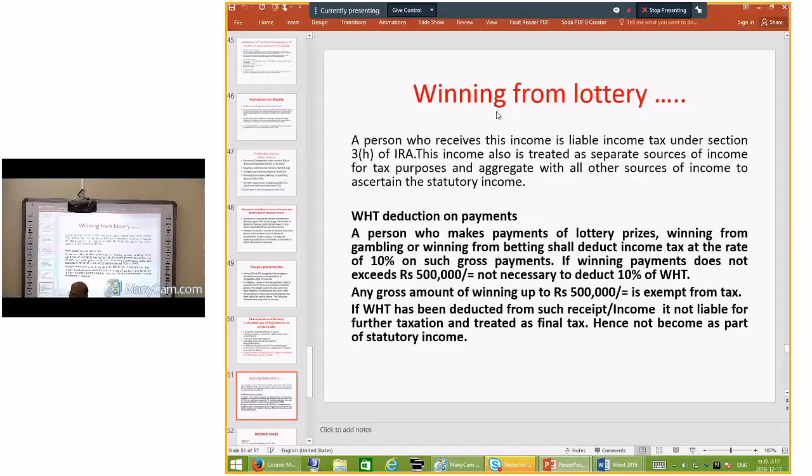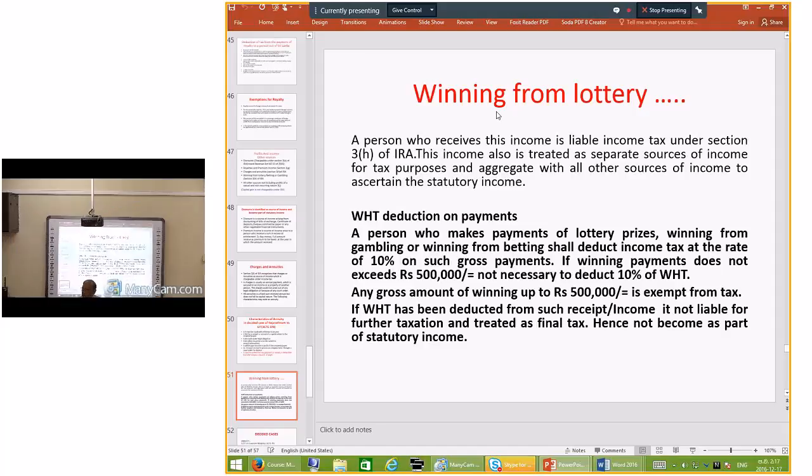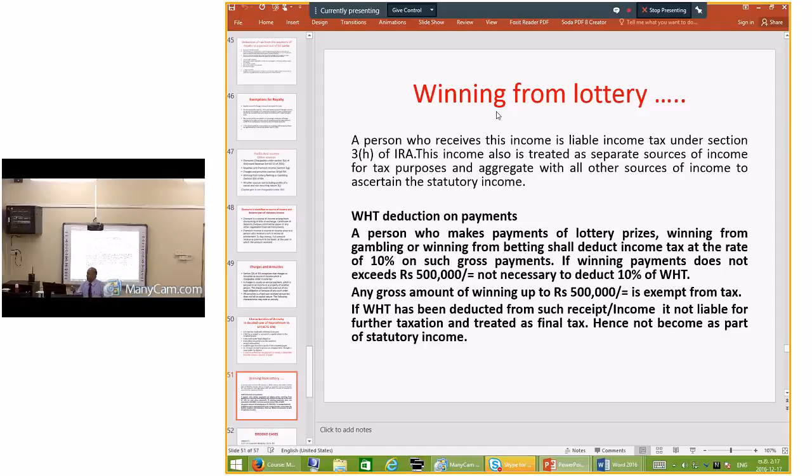Whether the payer has deducted 10% or not, the Inland Revenue Act imposes the liability on the payer. If you are paying winnings from lotteries or gambling, you deduct 10% of the gross winning, remit it to the tax department, and pay the 90% to the winner.